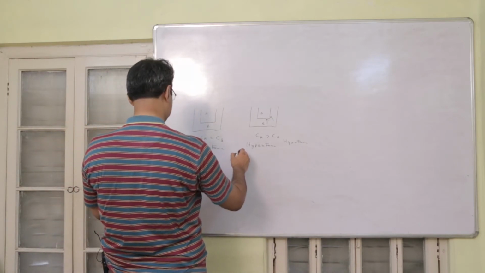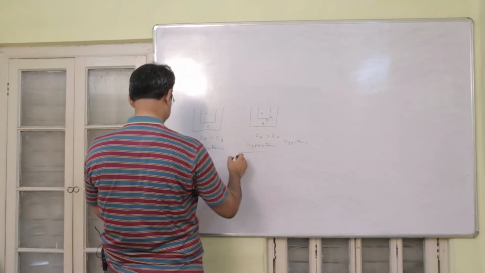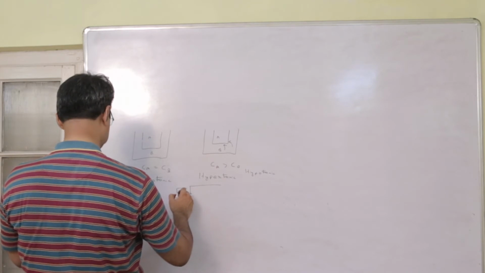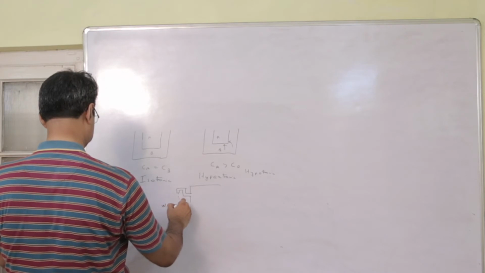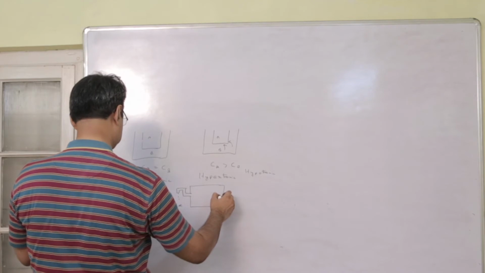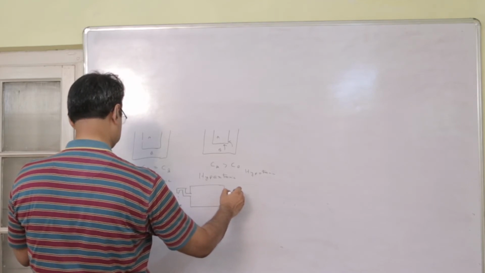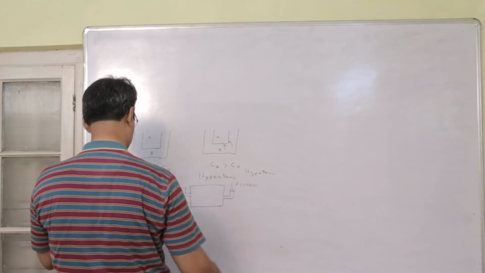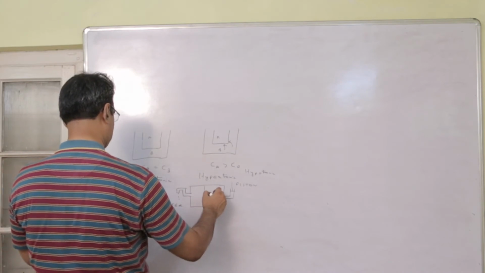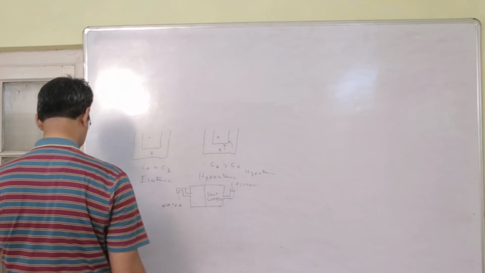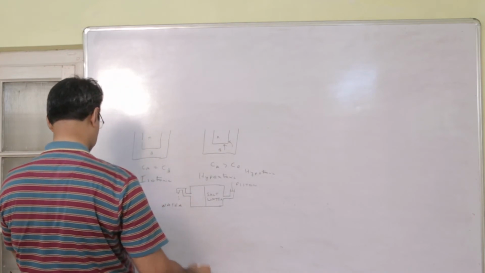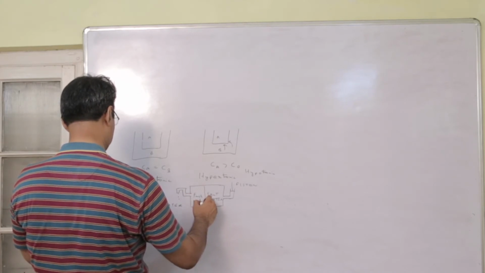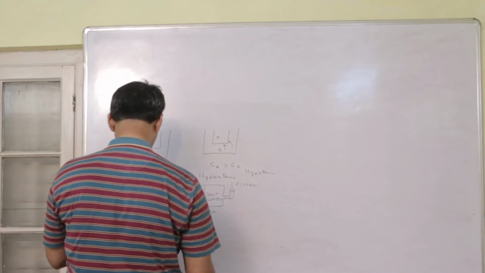Now, suppose we create a method by which sea water, or you may say salty water, is on one side, and fresh water is on the other side, separated by a semi-permeable membrane.